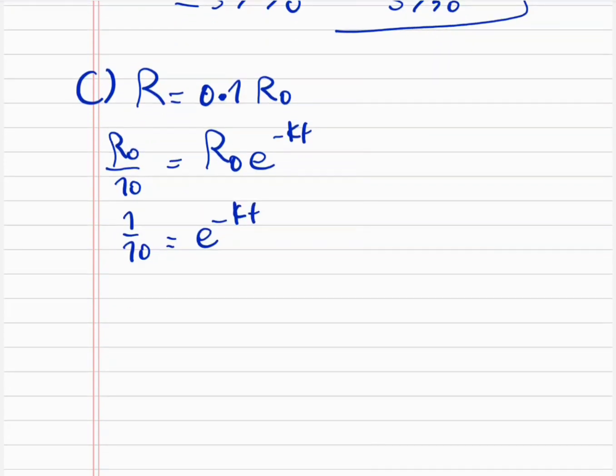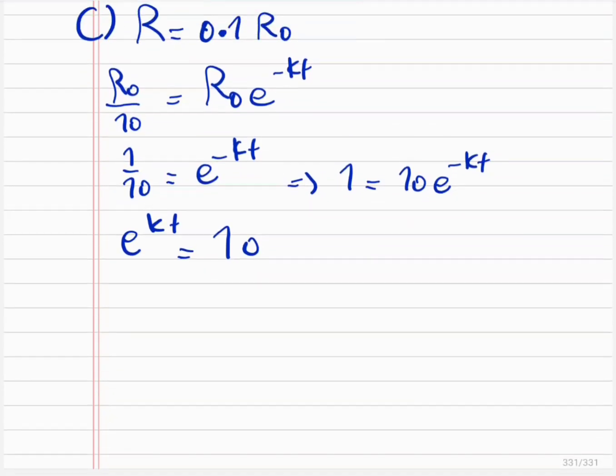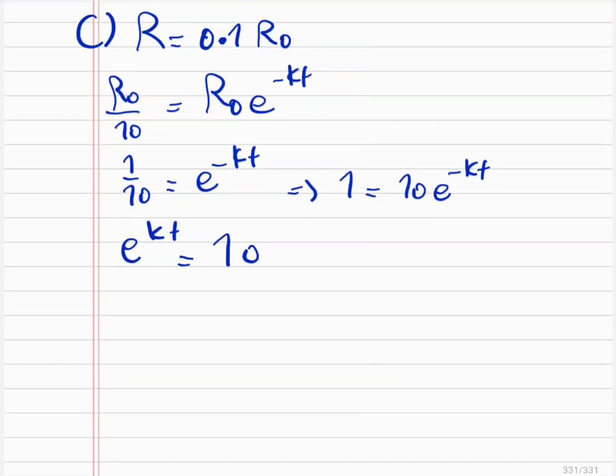We can multiply by 10, so 1 is equal to 10 e to the minus kt, and then divide both sides by e to the minus kt, and that gives us e to the kt, so the power becomes positive because we are dividing, is equal to 10. Remember that we need to take ln of both sides because we want to know the value of t. We have already found the value of k.